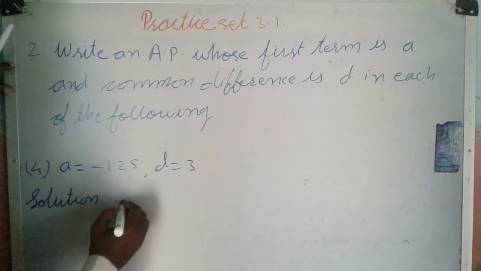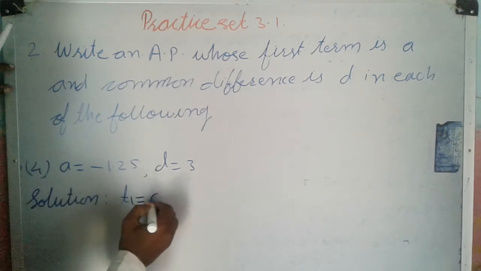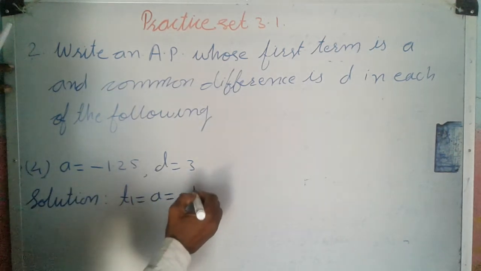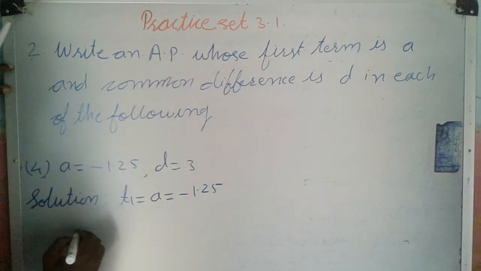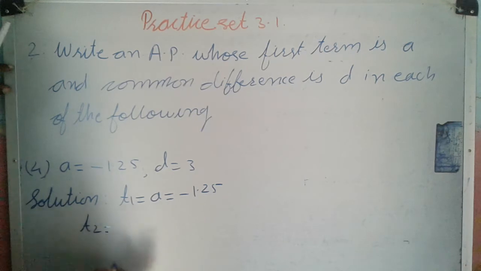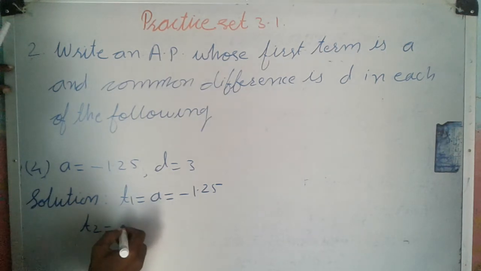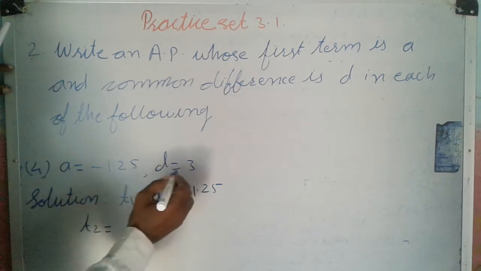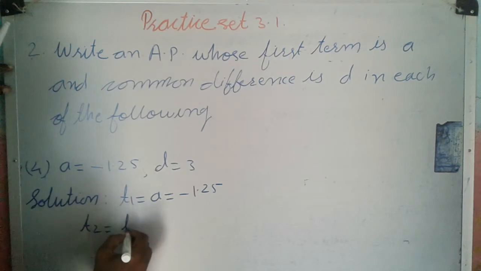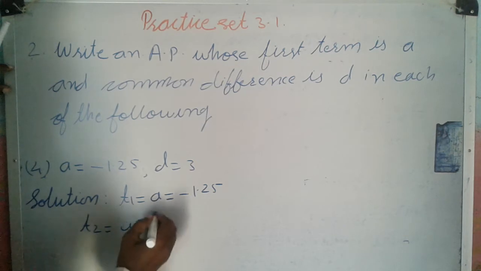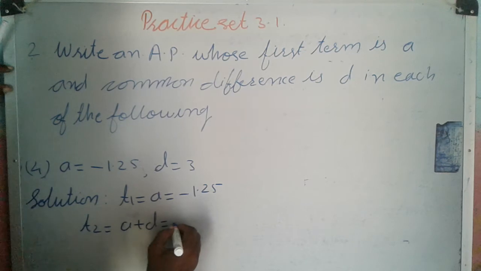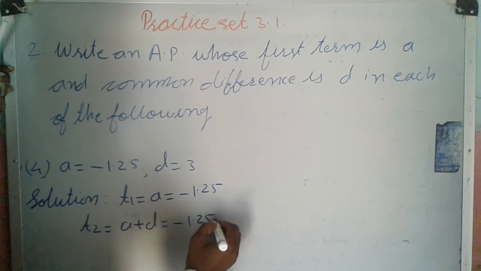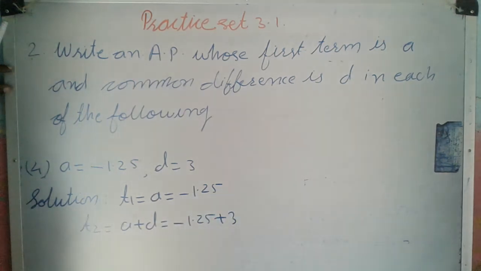That means here first term T1 is equal to a, minus 1.25. Now to find the second term T2, that means T1 plus d, that means a plus d, that is equal to minus 1.25 plus 3.